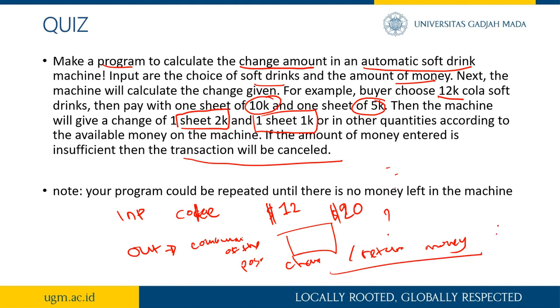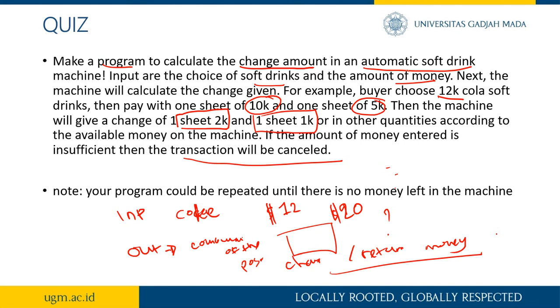Okay, so for example, if I have 10,000 and 5,000, and the price of the cola is only 12,000, so the possible change that I get must be a piece of 2,000 and a piece of 1,000.